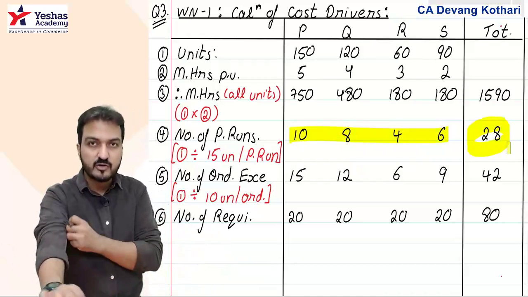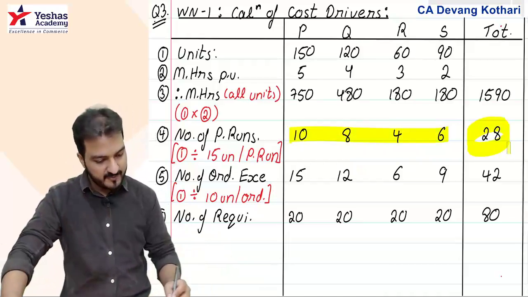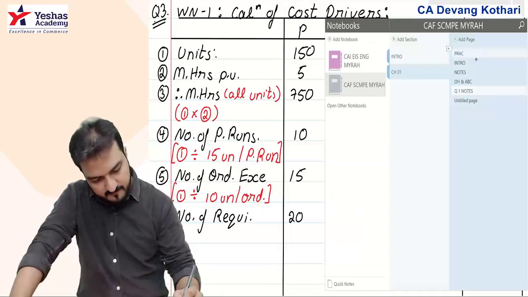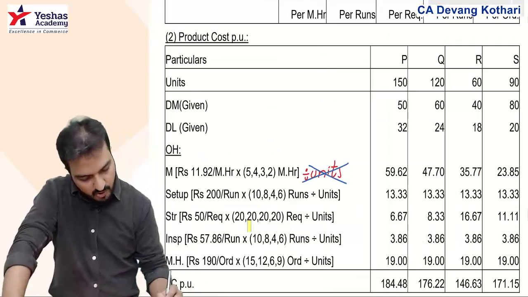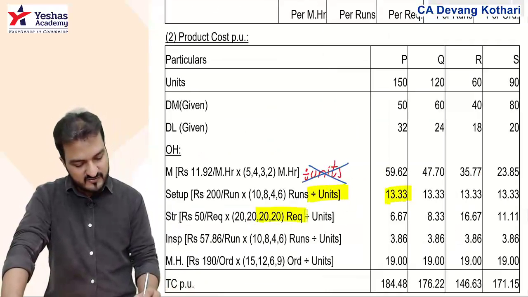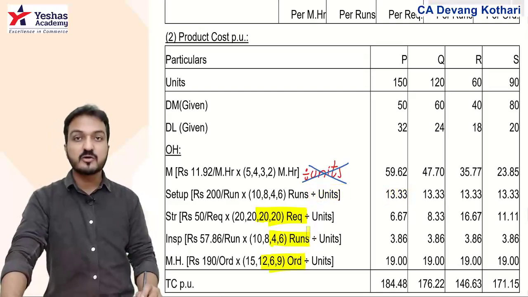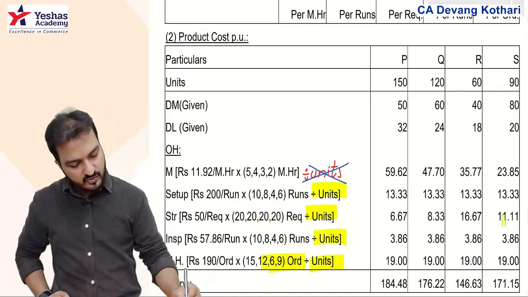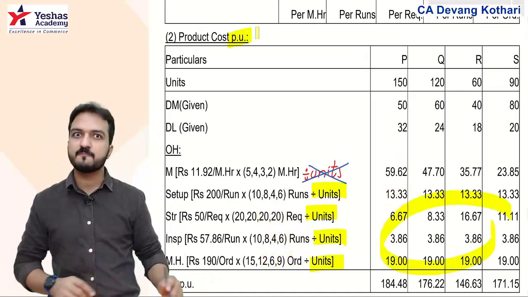So 10 production runs are needed for all units of P. If I want the cost for 1 unit of P, you need to divide by units. Similarly, requisitions given are for all units, production runs are for all units, sales orders are for all units. So for all of them, you had to divide by units to get the cost per unit.